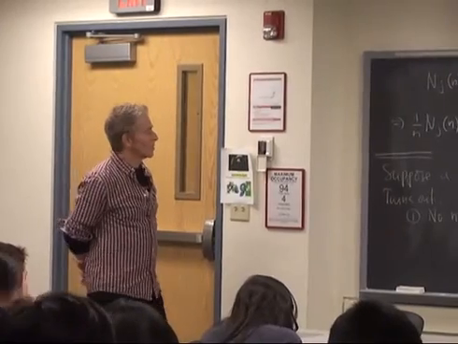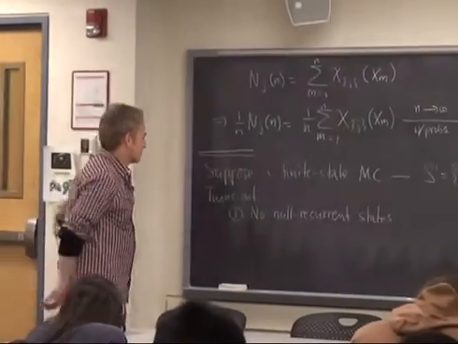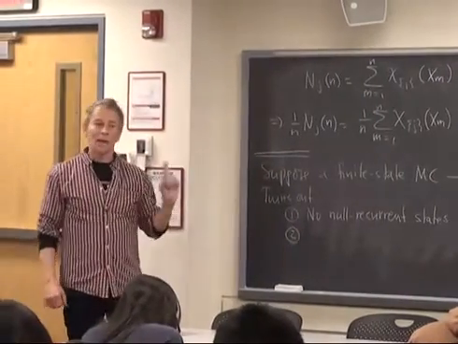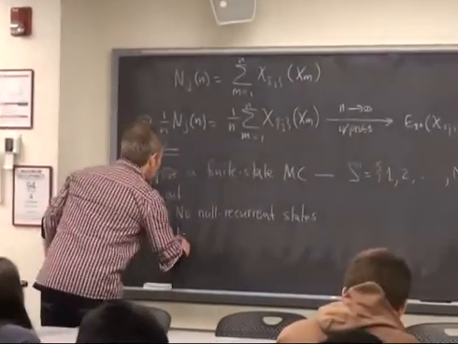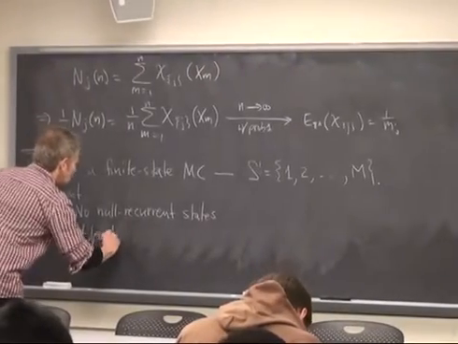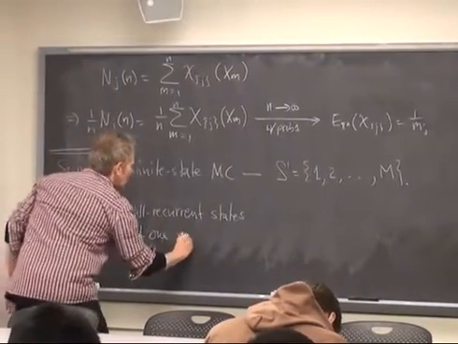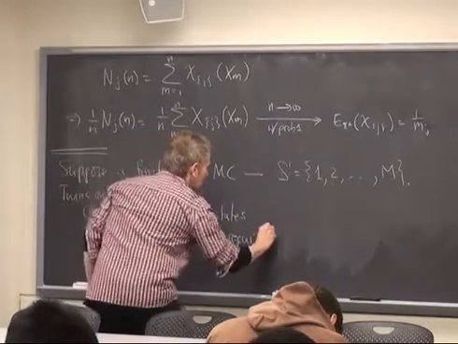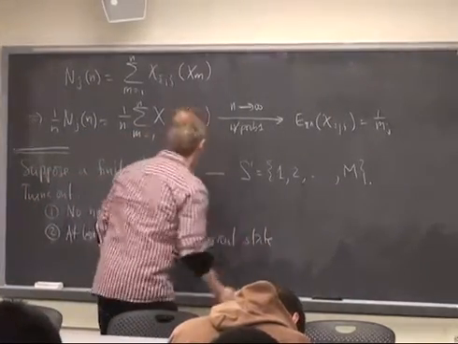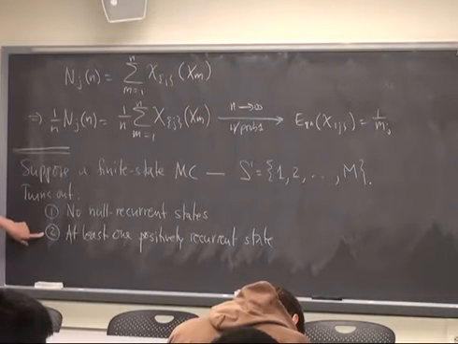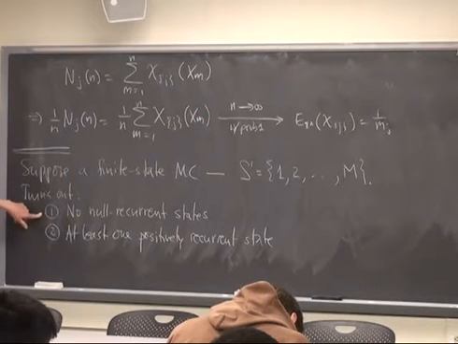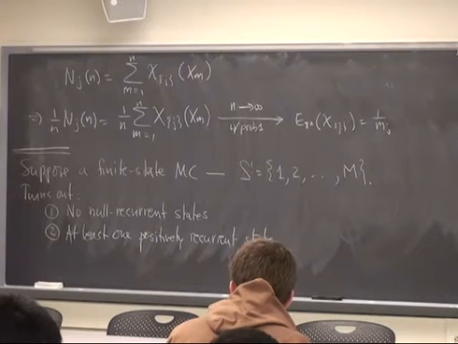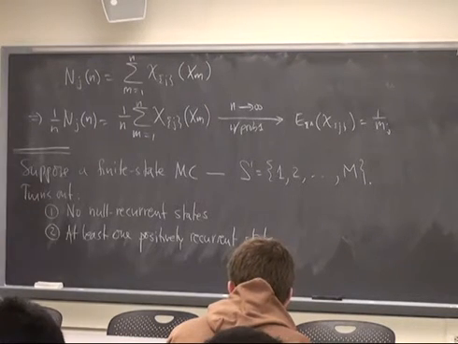Okay, so you have no null recurrent states under any circumstances. Second of all, you're always going to have at least one positively recurrent state. And if you reflect on 2 in the light of 1, 2 is the same as saying you can't have all transient states.